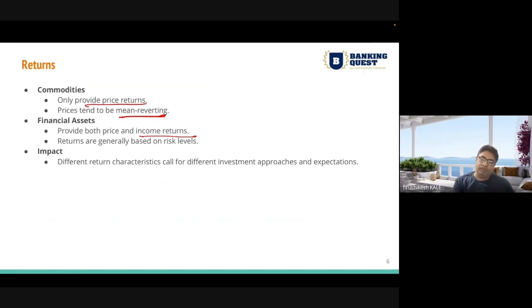Now, one of the students asked me, "Sir, I have never seen the price of gold going down. How are you saying the prices of commodities are mean reverting?" He was also right, because he was looking at gold from the Indian rupee point of view, where the price of gold is increasing because the rupee is already depreciating.